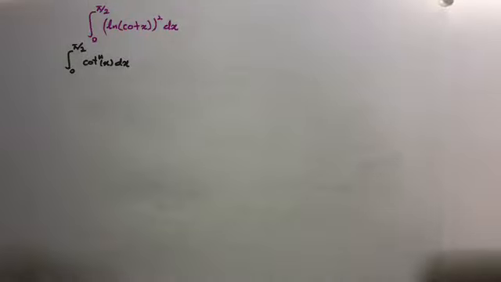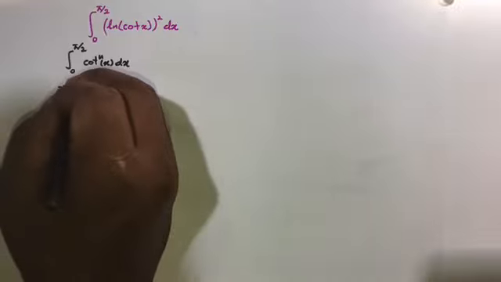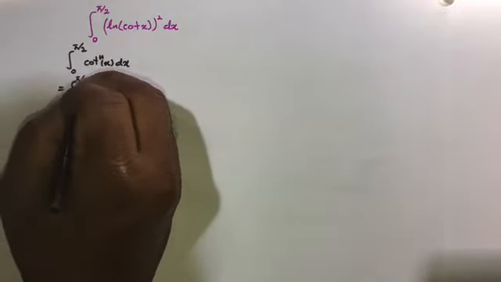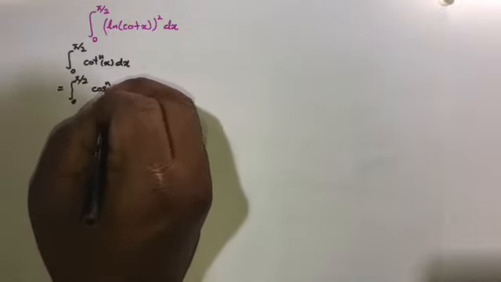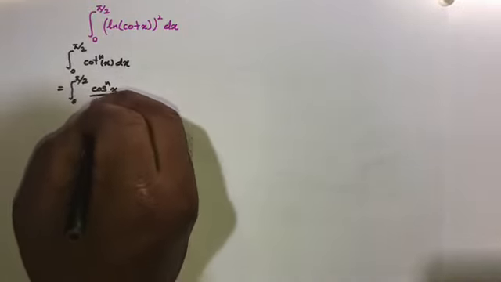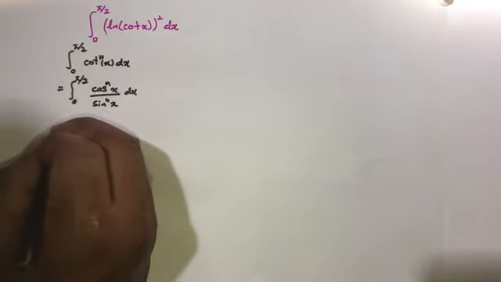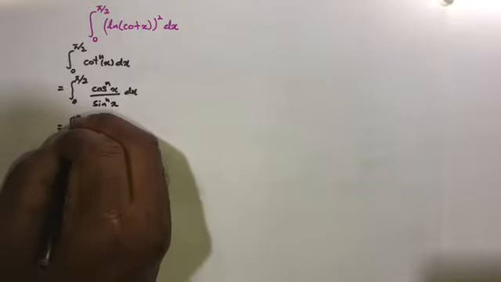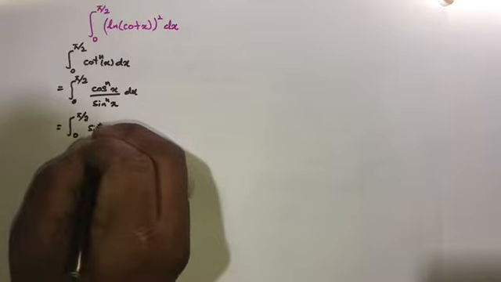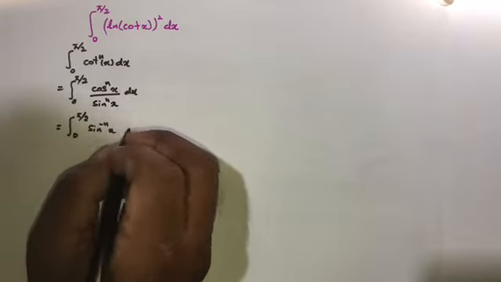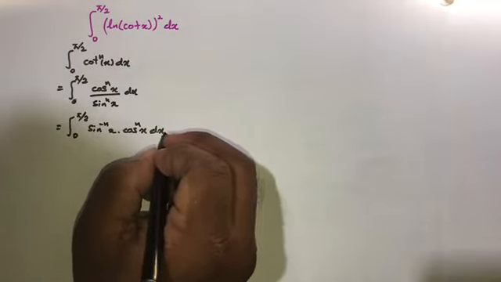Okay, we know we can write this as the integral from 0 to pi over 2 of cosine to the n power of x over sine to the n power of x dx, and now we can write sine raised to the minus n power of x times cosine to the n power of x dx.